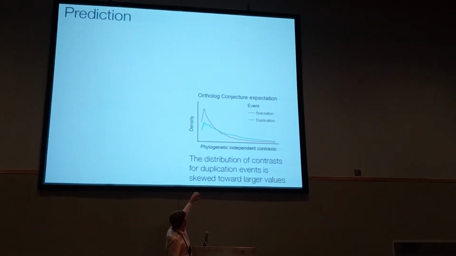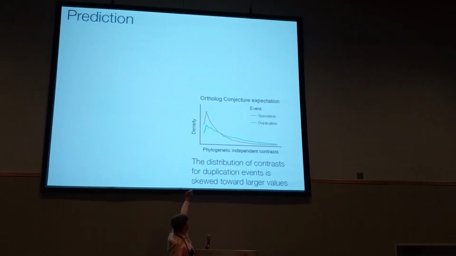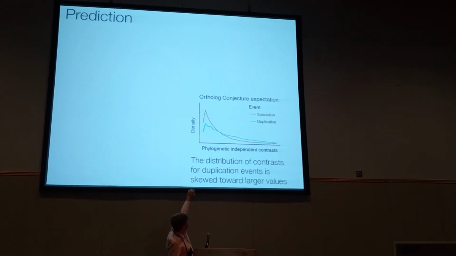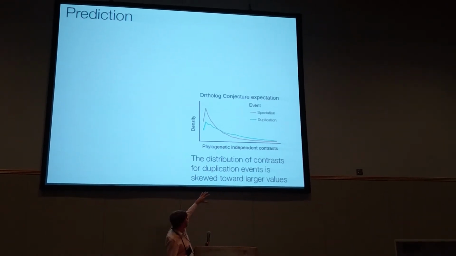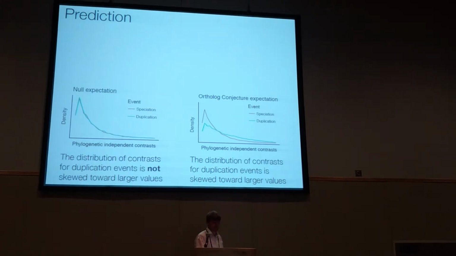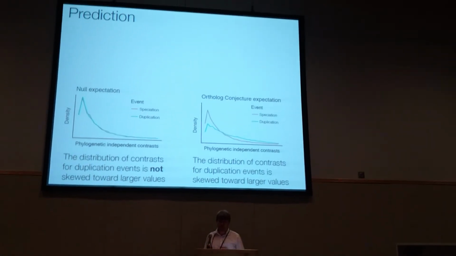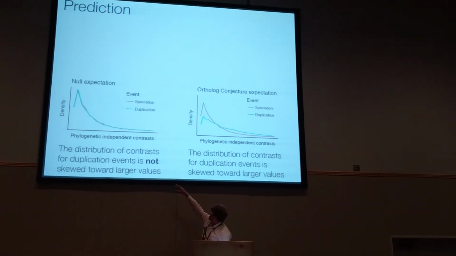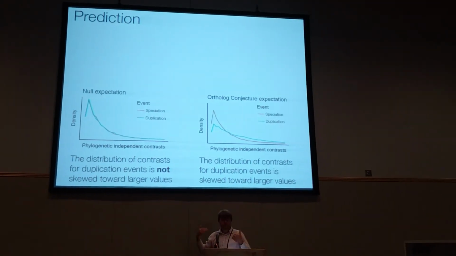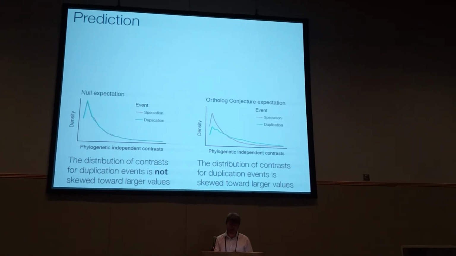So you can see there's proportionally more of the smaller contrasts for speciation events and proportionally more of the larger contrasts for duplication events. The alternative hypothesis, the null, would be that those distributions are the same, or that those contrasts are drawn from the same distribution.